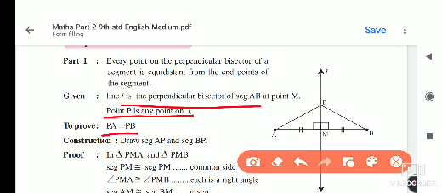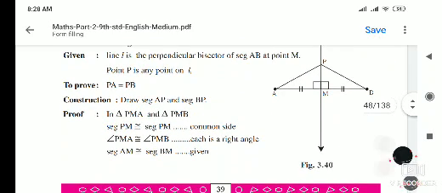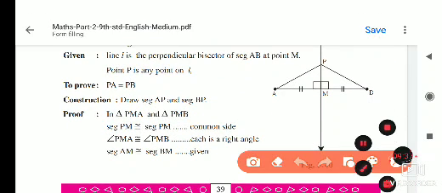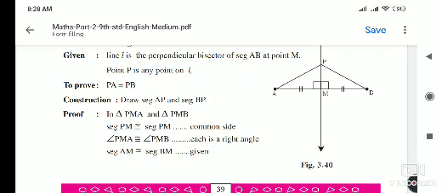PA is equal to PB; we have to show their measures equal. For that we have to do the construction. What we have to do? We have to join PA and PB.